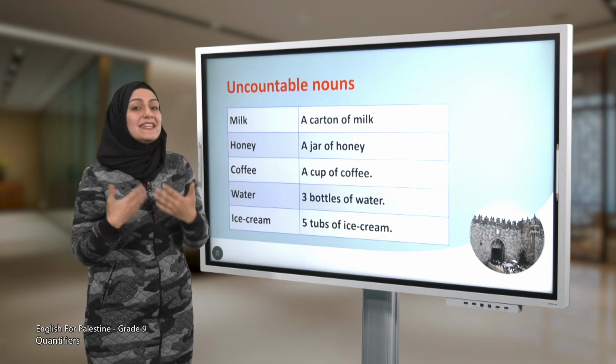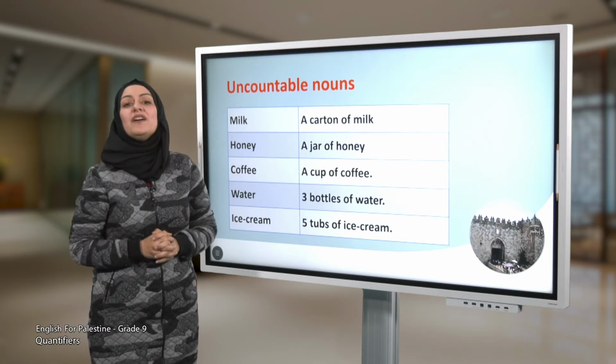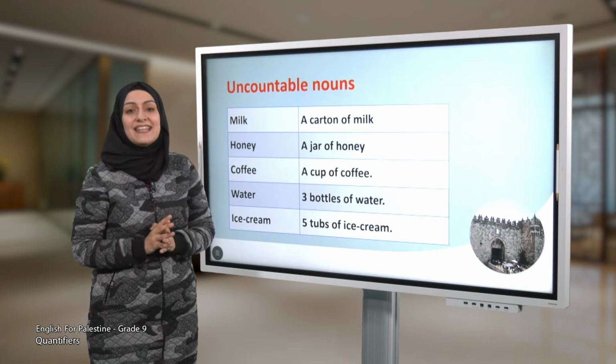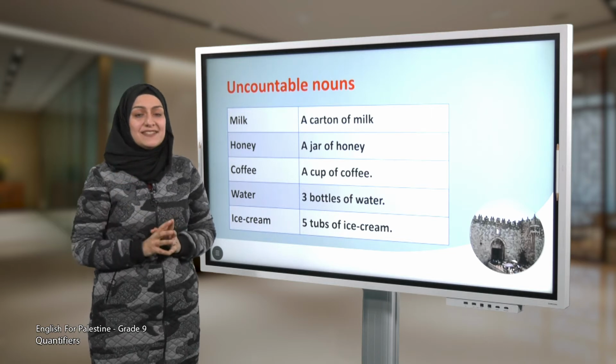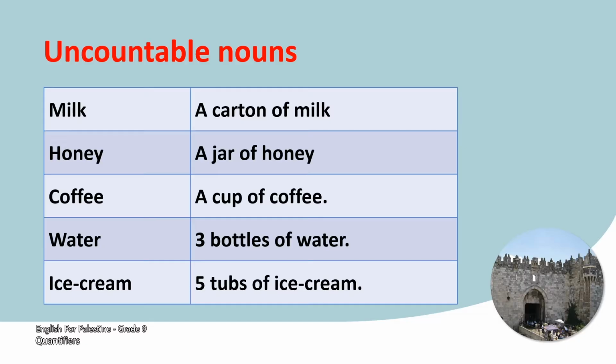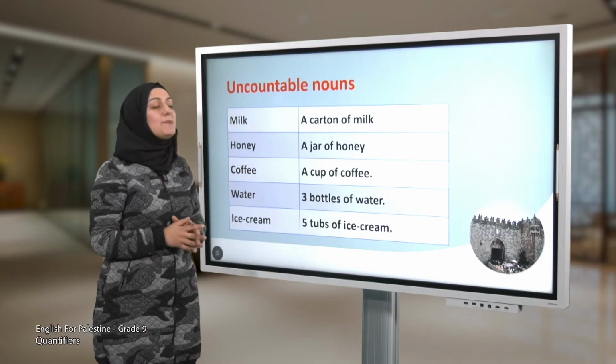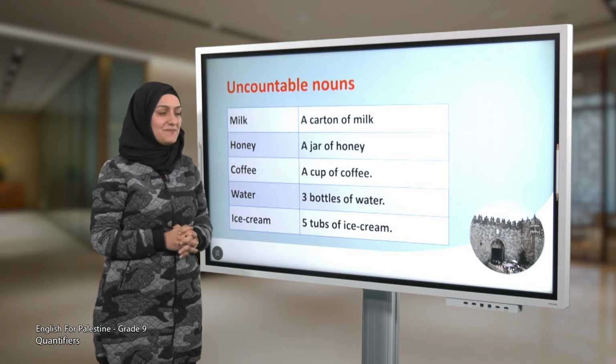So, to make things easy, we use words before that noun in order to show quantities, like a carton of milk, a jar of honey, a cup of coffee, 3 bottles of water, 5 tubs of ice cream. So these words helped us to show the quantity.